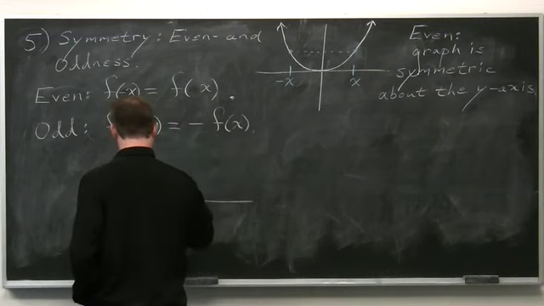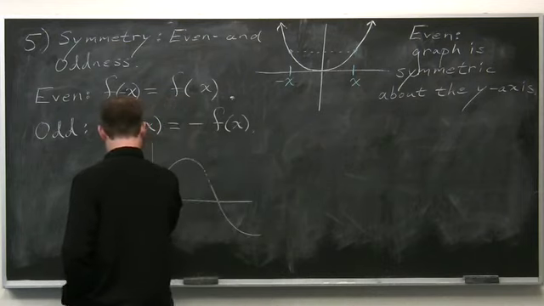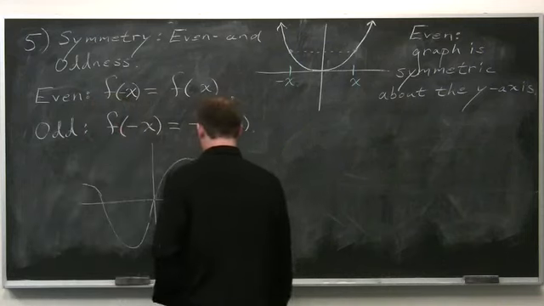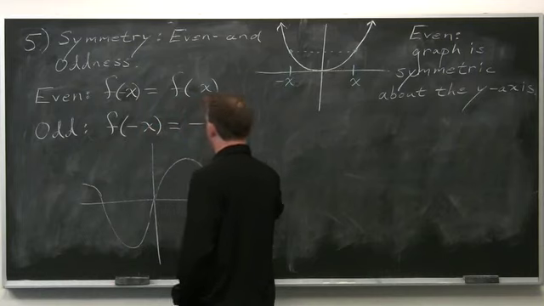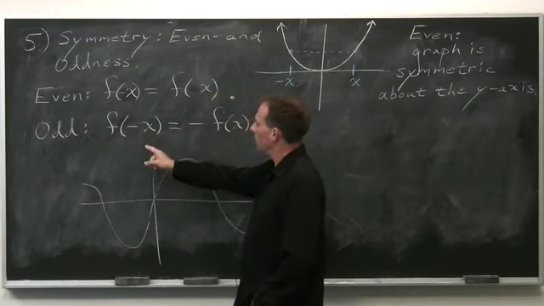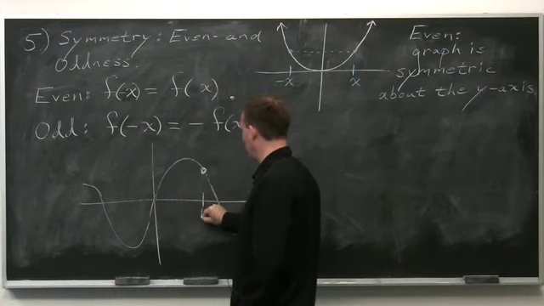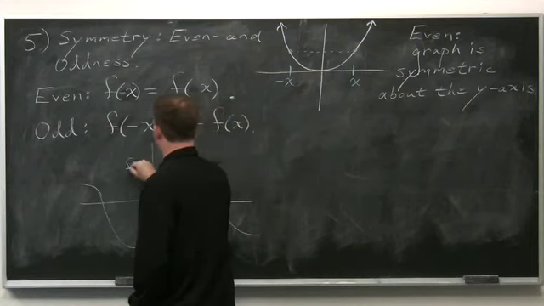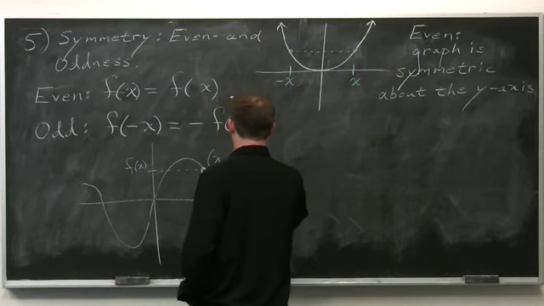For an odd function, what does this say? Suppose I have a point, here's x, f of x.